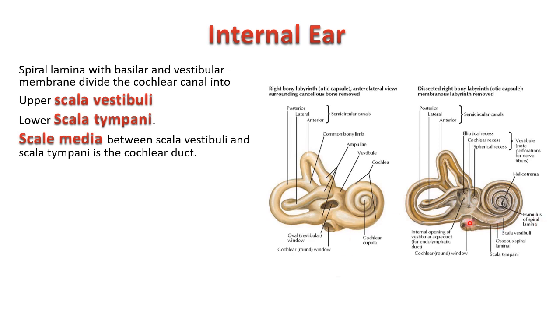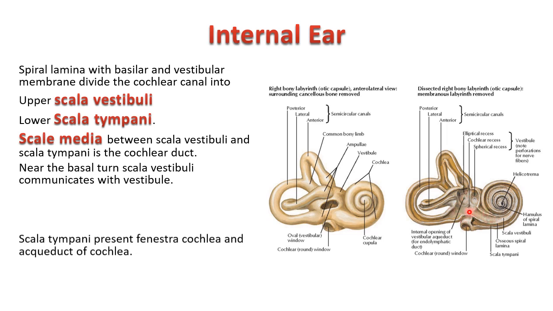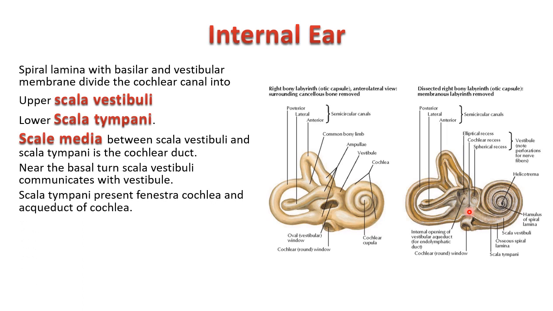So when you see the cochlea, it is actually divided into upper scala vestibuli and lower scala tympani. The spiral lamina is actually extending only halfway, and that will be completed by the basilar membrane, as I told you. Now the scala vestibuli, the upper compartment, if you trace it near the basal turn, communicates with the vestibule, whereas the scala tympani is closed.